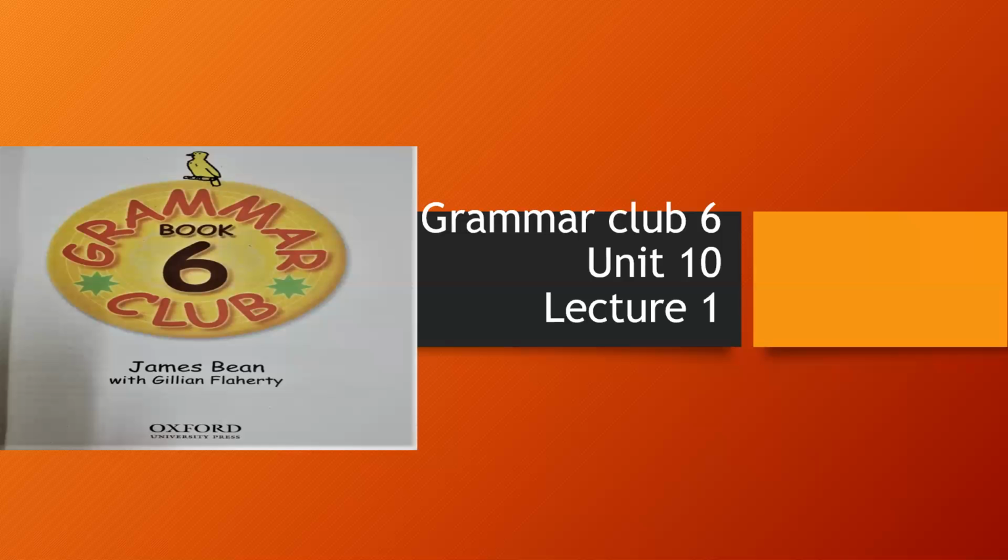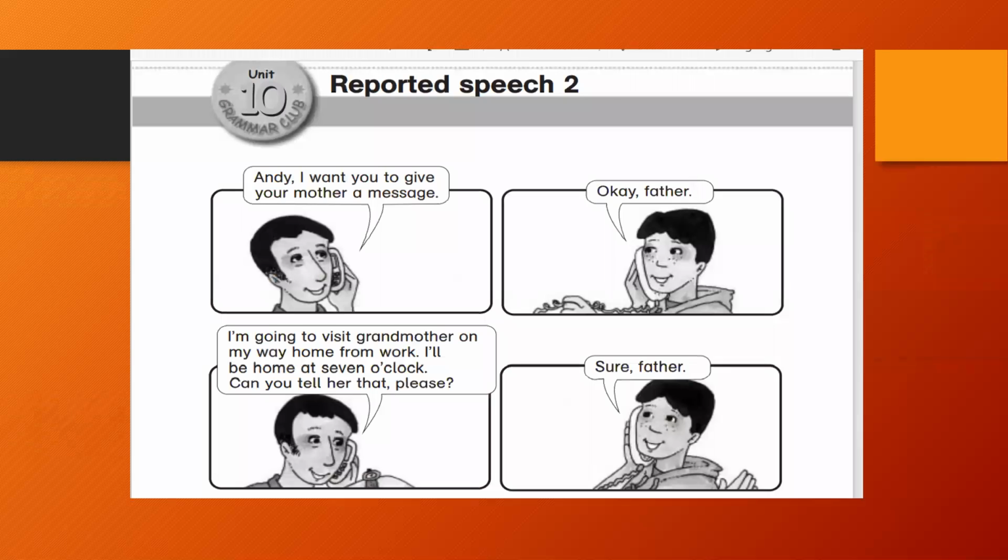Now, look at page number 63. Here is a conversation between Andy and her father. Father says, Andy, I want you to give your mother a message. Andy replies, okay, father. Now, father says, I am going to visit your grandmother on my way home from work.